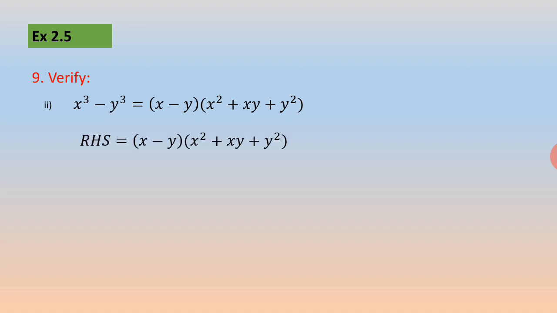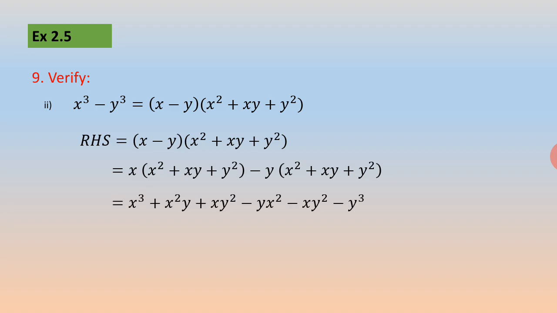We are going to begin with the RHS because that can be solved easily. Do the multiplications. x multiplied by the second bracket, minus y multiplied by the second bracket. Now go on opening the bracket and you get 6 terms. Again you will find certain terms which are opposite of each other. They cancel each other.